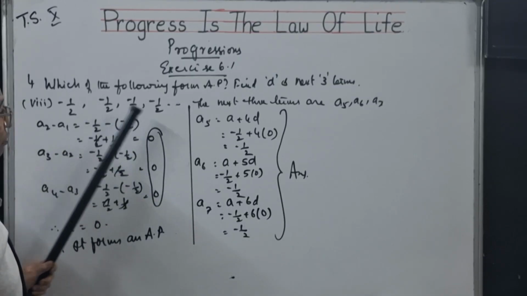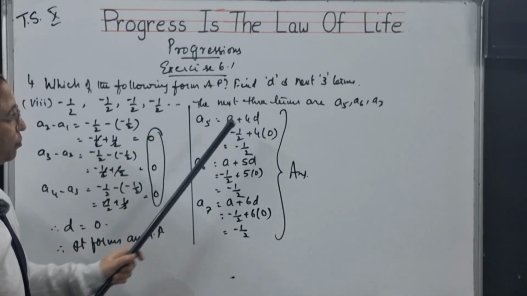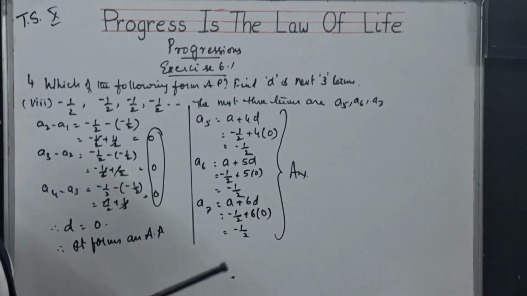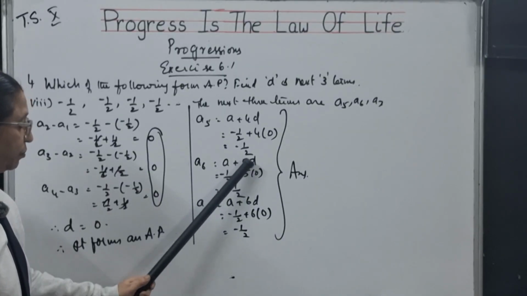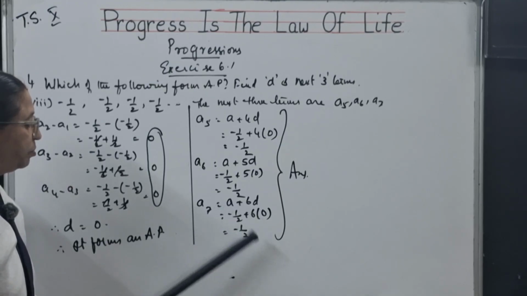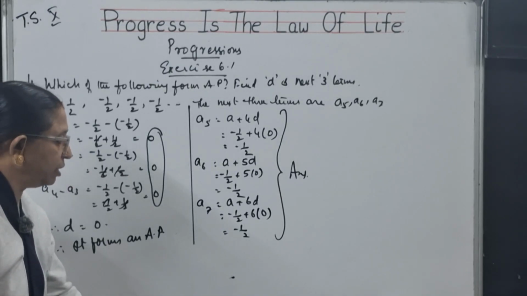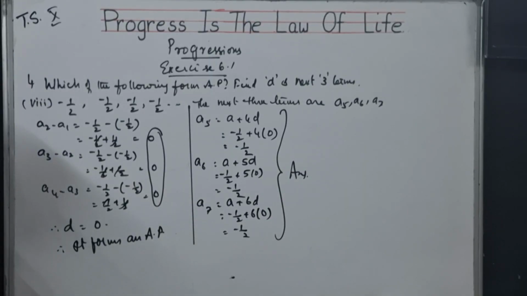So the next three terms are A5, A6, A7. A5 is A plus 4D, minus 1 by 2 plus 4 into 0, minus 1 by 2. A6 also A plus 5D, again we got minus 1 by 2. A7 is A plus 6D, that is also again minus 1 by 2. These are the answers, children. Please note it down. It's 8th bit.